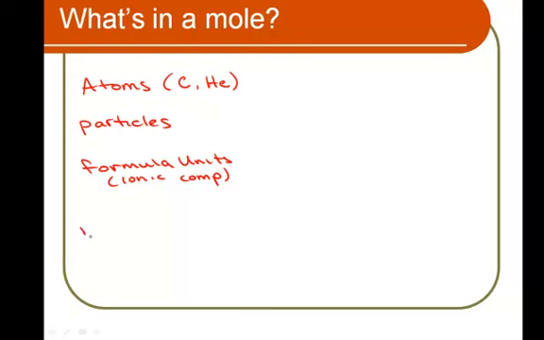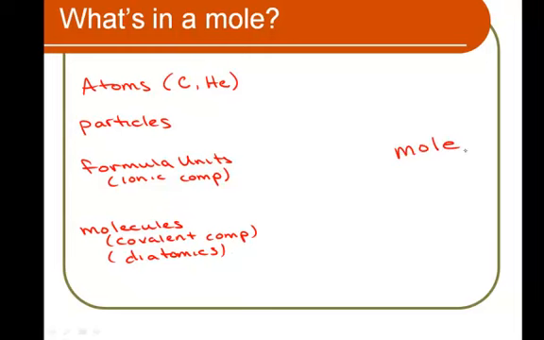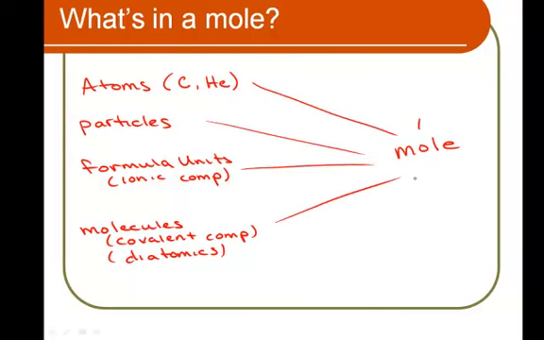Or molecules, our covalent compounds, and our diatomics. Each one of these can be related to the mole. And they all have the same number. There are always going to be 6.02 times 10 to the 23rd particles in a mole.